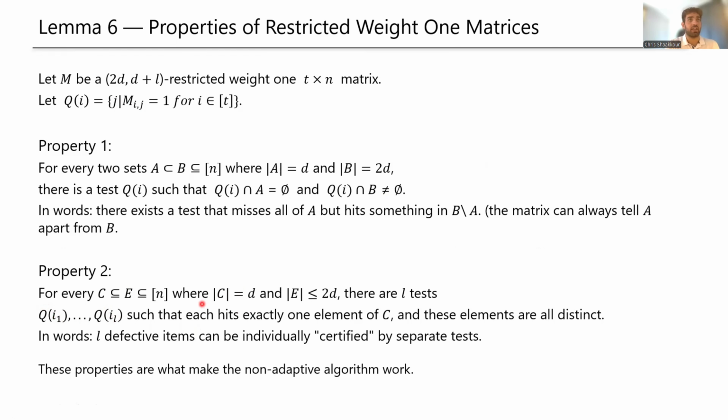In words, L defective items can be individually certified by separate tests. To detect L defective items, we can find a unique test for each to detect one element. So for each of the L defective items, I can separate it into a single test.